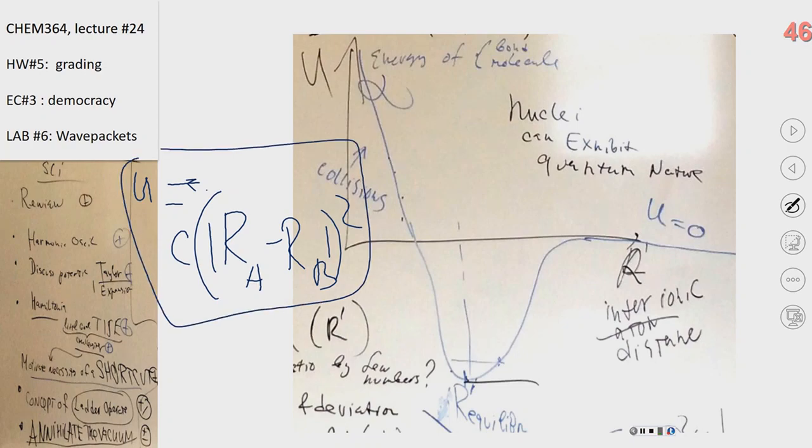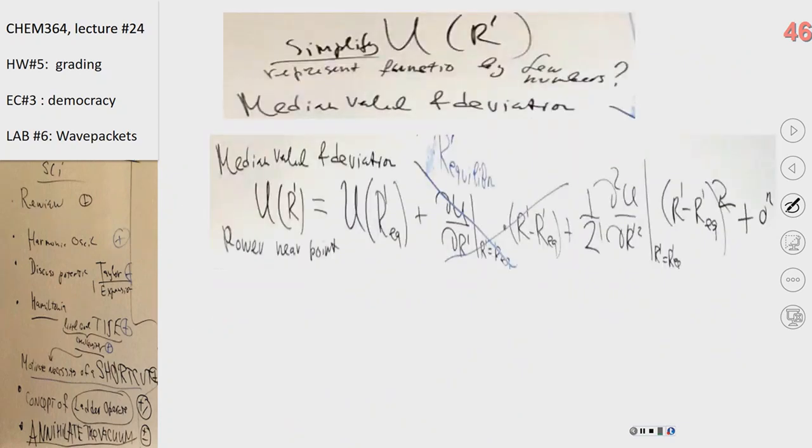If you want to be meticulous, we may recall the expression from calculus that any function can be expanded in a Taylor series: the position at some point, then the first derivative times elongation from equilibrium plus the second derivative times elongation from equilibrium squared, and so forth.